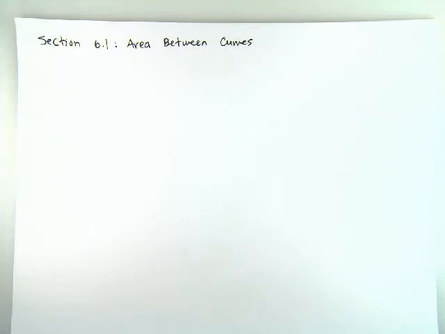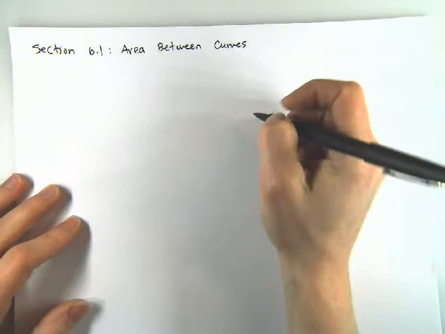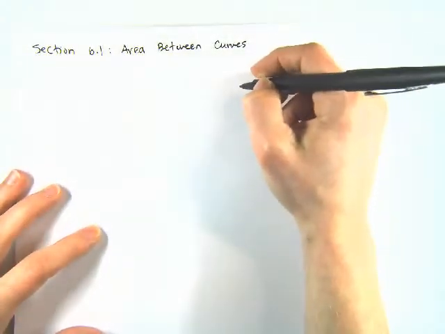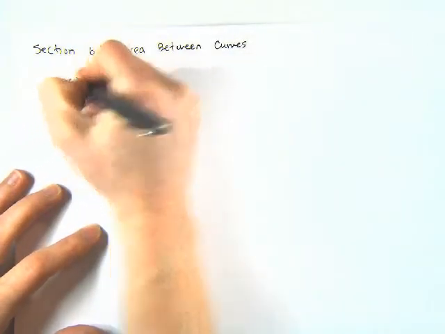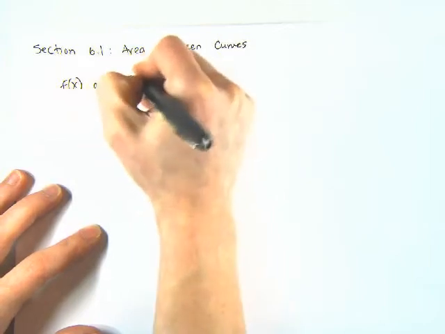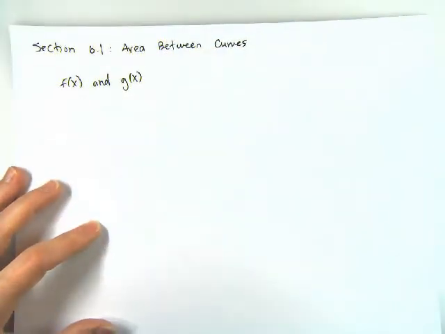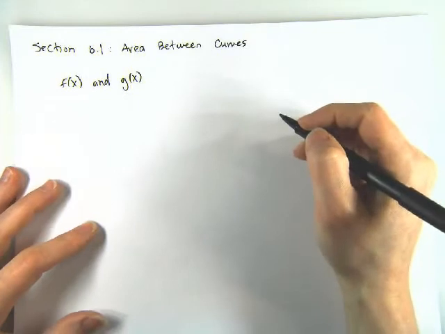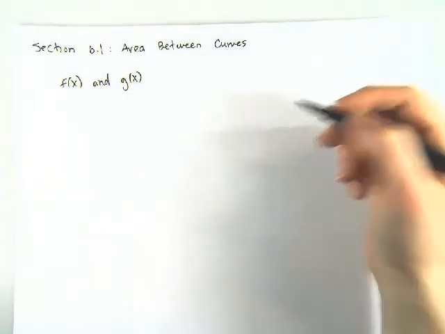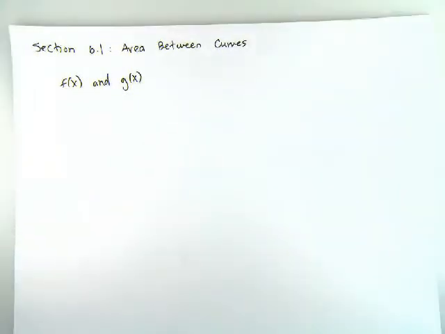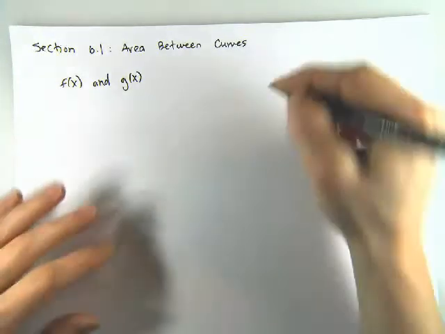Okay. All right, so let's go ahead and say, I'm going to start with just a picture. Let's say that we have two functions, f of x and g of x, and let's just draw some arbitrary graphs. The thing that we're trying to look at here is not just finding area, but finding the area between two different curves.